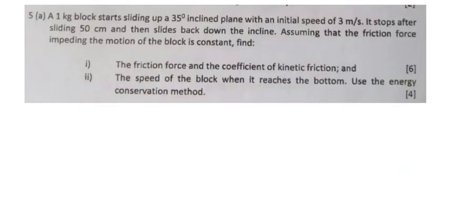Let's solve question number 5. For question number 5, we are told that a 1 kg block starts sliding up a 35 degrees inclined plane with an initial speed of 3 meters per second. It stops after sliding 50 centimeters and then slides back down the incline.